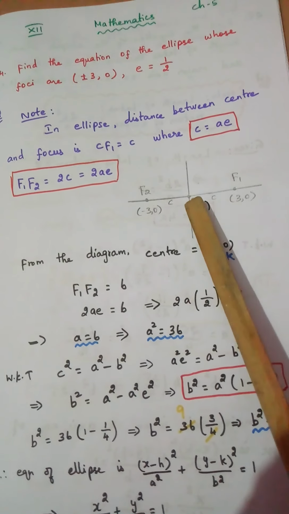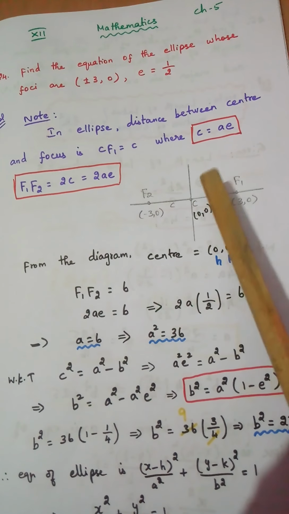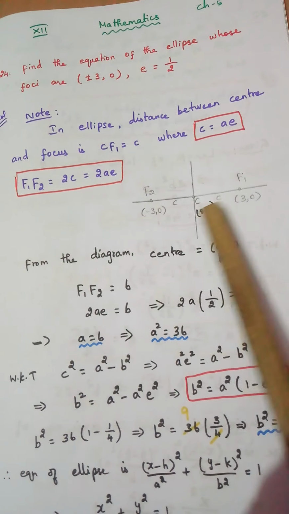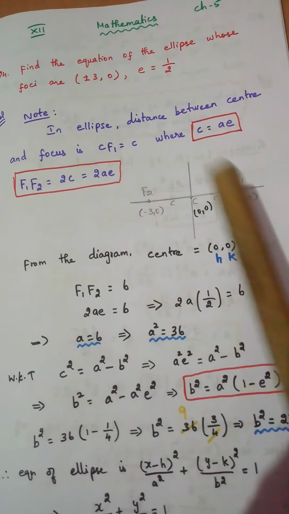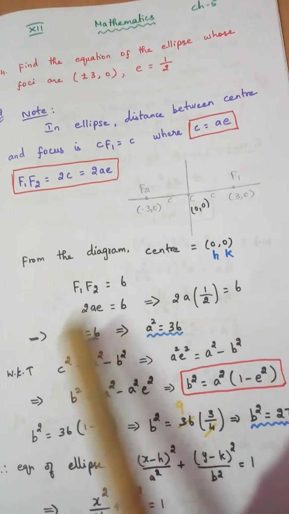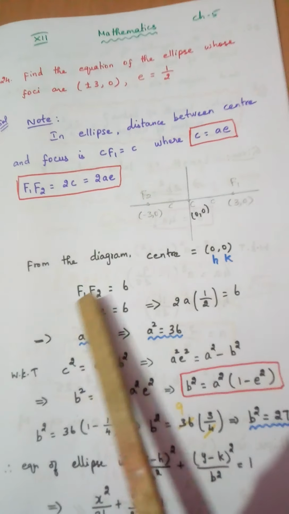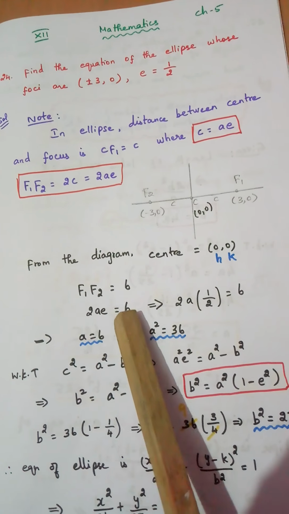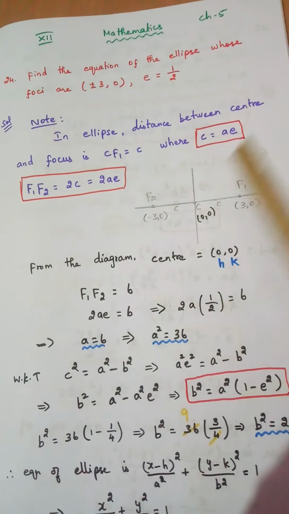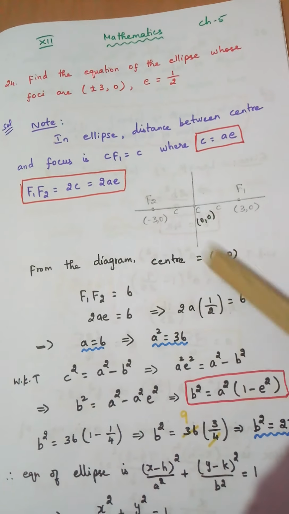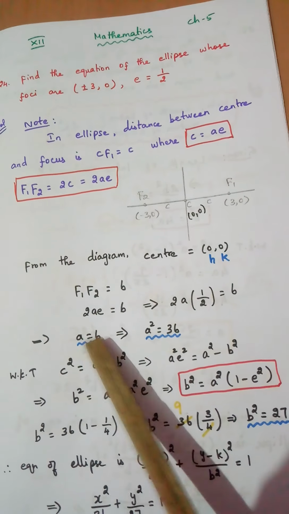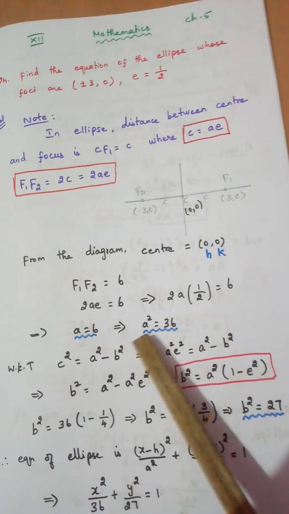Similarly, center to F2 distance is 3. Why minus 3? Because it is on the left side. So 3 plus 3, what is the total distance? 6. That is what I have written, F1F2 is equal to 6. What is the F1F2 formula? 2ae equal to 6. The eccentricity value is given in the question. Substitute that, cancel the 2, and get the a value. So a is equal to 6, a square is equal to 36.